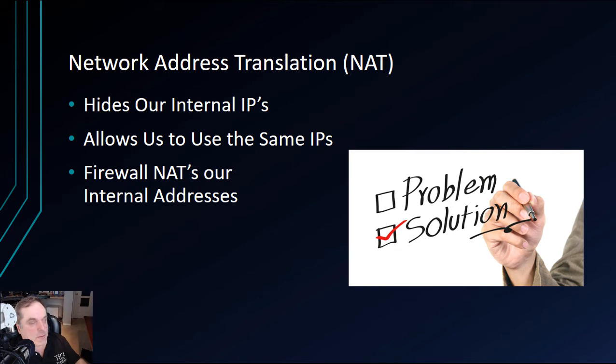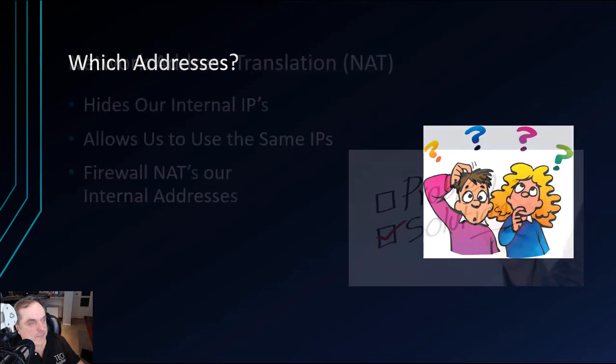And when we realized we needed all these things, we needed to protect our networks, we needed to preserve our IP addresses, that's when all these kinds of things came about. So firewall natting, network address translation, basically hides our actual internal IP addresses from the outside world. That way we can use the same IP addresses in many businesses and homes at the same time.